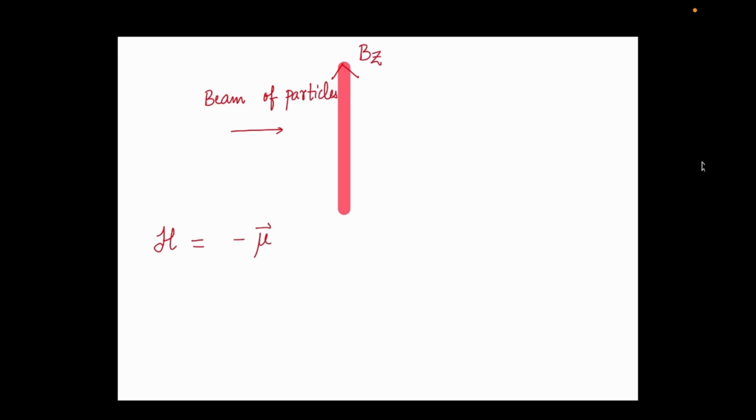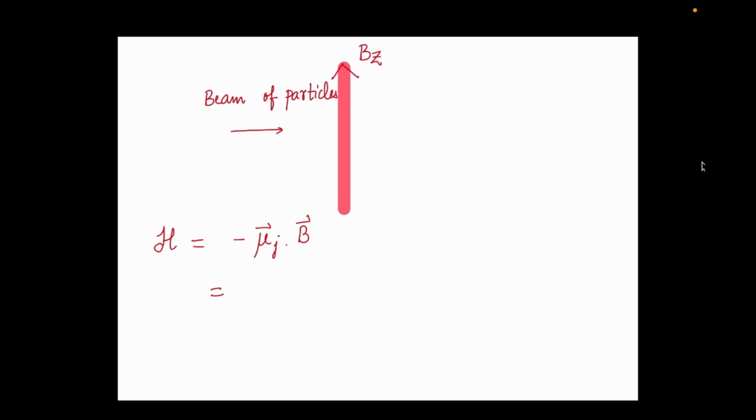So let's see that. What the apparatus is, if you look at it very carefully, is a magnetic field in the z direction, Bz, and you are pointing a beam of particles. If you write the Hamiltonian, the energy of interaction with the field is the magnetic moment, which is non-zero in this case, times B, which is in the z direction.